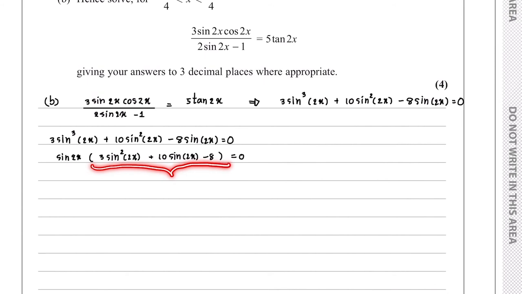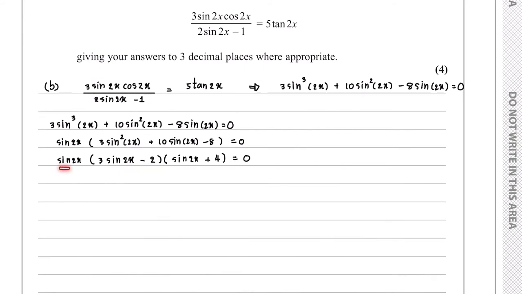Then we can factorize this term. So sine 2x times (3 sine 2x minus 2) times (sine 2x plus 4) equals 0. So from here, we have these three terms multiplied together to get 0. That means either of them has to be 0. Sine 2x equals 0, or 3 sine 2x minus 2 equals 0, or sine 2x plus 4 equals 0.